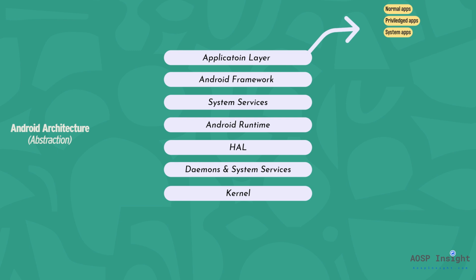System apps are the applications coming with AOSP code mainly, and the privileged apps are the applications developed by the vendor.